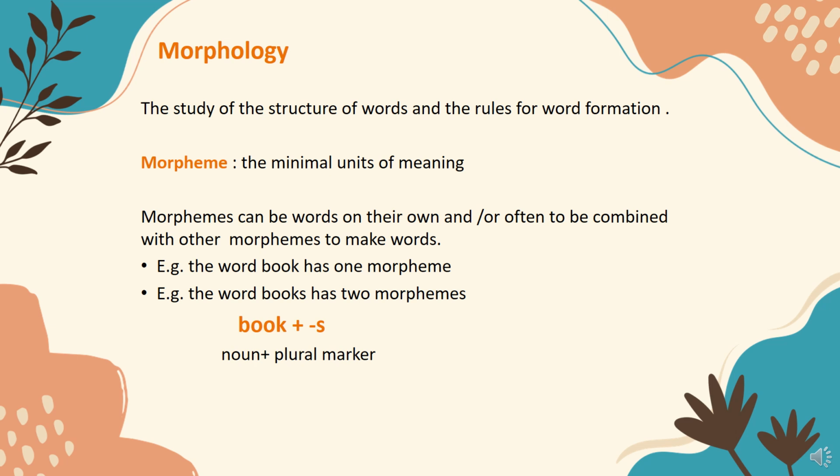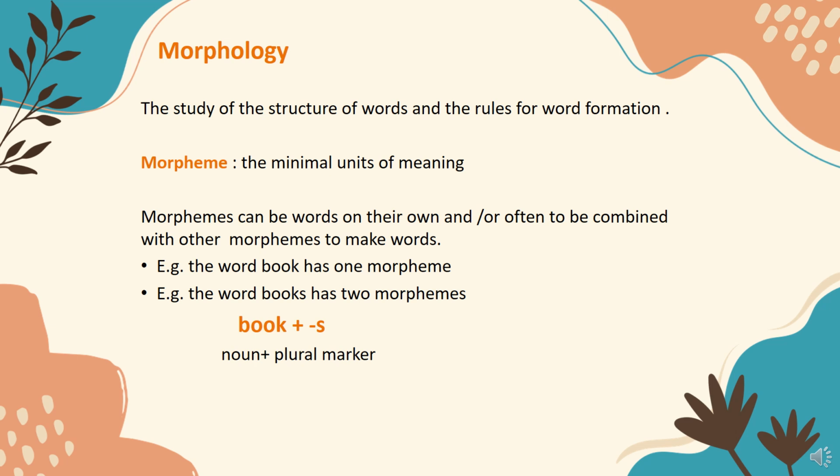For example, the word book has one morpheme. Book is the main base of the word that forms the word, so you can understand what is a book. Or you can add, like the second example, the word books has two morphemes. Book plus s. S is a plural marker.